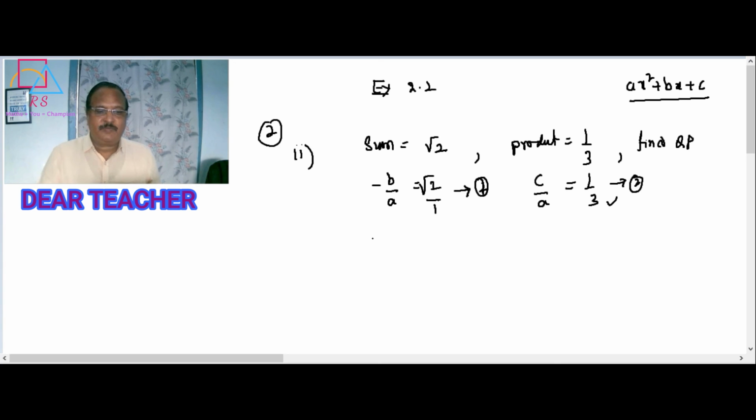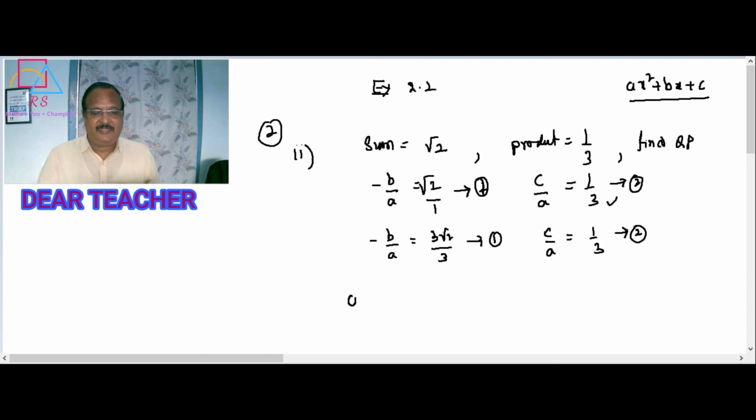So now let us make minus b by a is equal to 3 root 2 by 3. That means I made the denominator same in both the equations. So then a is equal to 3 and minus b is equal to 3 root 2, and b is equal to minus 3 root 2 and c is equal to 1.